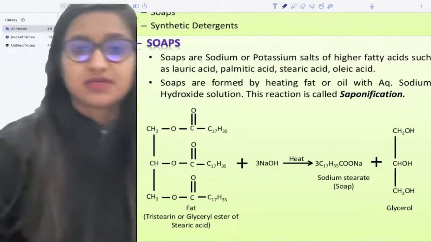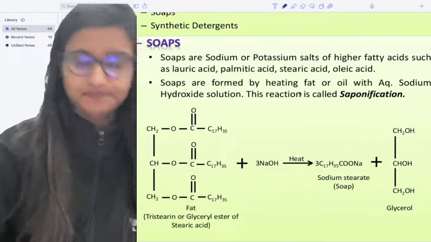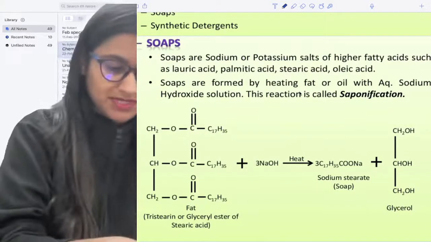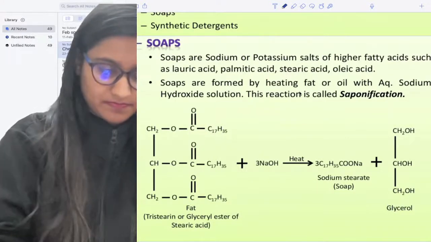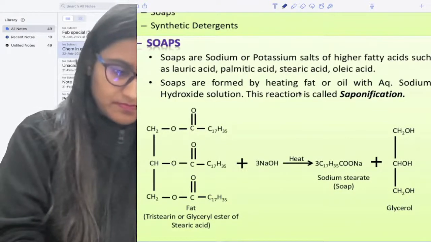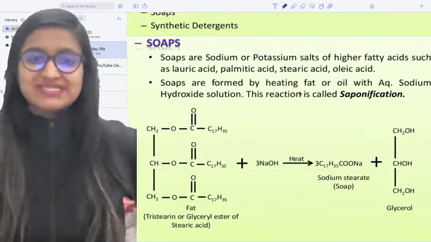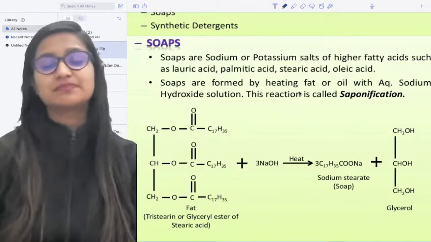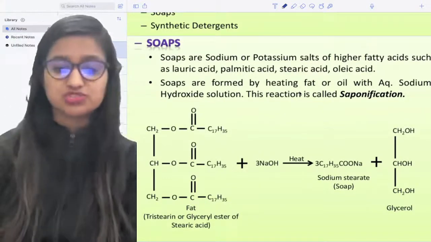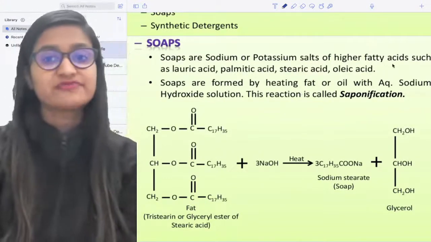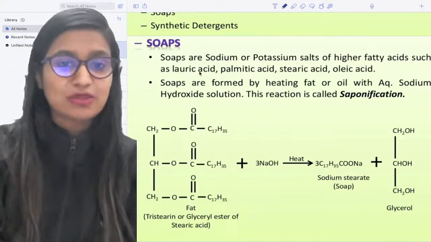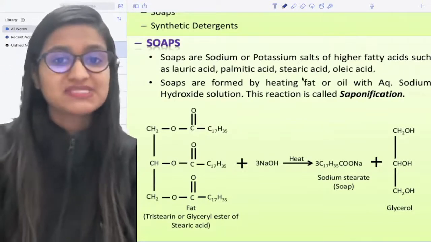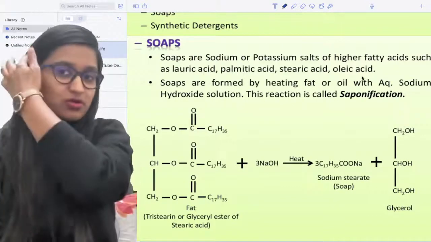So yes, I am audible, right? What are soaps? Soaps are simply sodium or potassium salts of higher fatty acids such as lauric acid, palmitic acid, stearic acid or oleic acid.